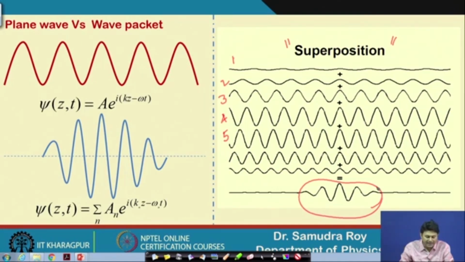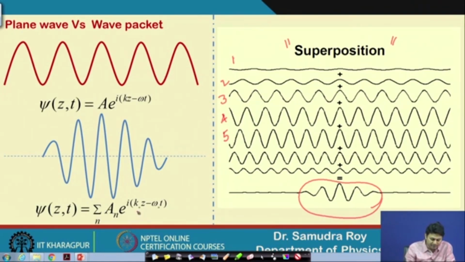If I now write this mathematically, the same equation is slightly modified here. You can see that the amplitude is not a single amplitude, because on the right hand side the amplitude is also changing, and the frequencies are changing, and so are the corresponding wave vectors.